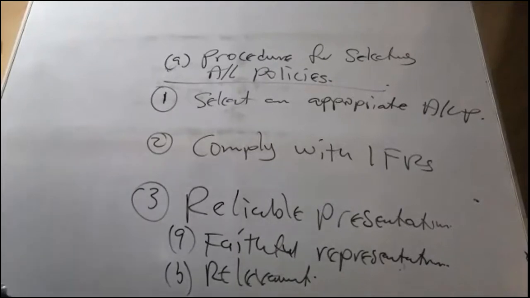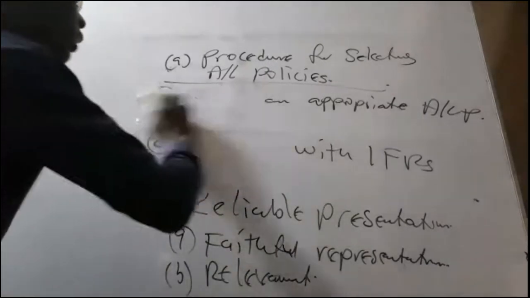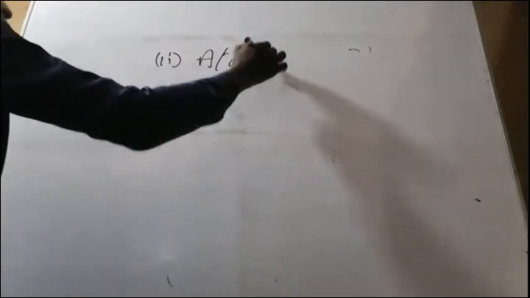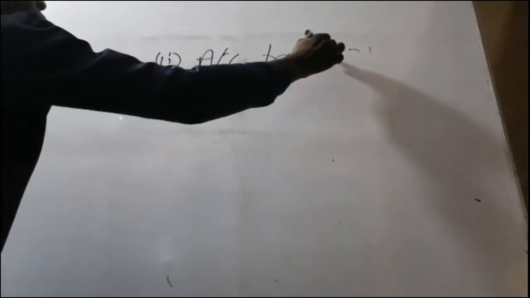Okay, so let's go to that one. I'll just go through a few points. So accounting treatment, the second section, accounting treatment of a change in accounting policy. There are 2 marks, right? So we need 2 points.